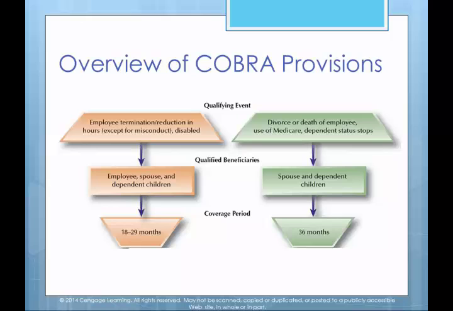Typically, the individual is no longer employed by the organization and pays the full premium, and the employer usually charges up to 2% additionally. And so many employees who leave employment find that cost prohibitive and choose not to use COBRA. And now with the onset of Obamacare, they could probably go to the exchanges and see if they're eligible for a tax credit.